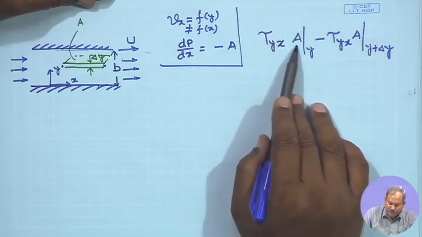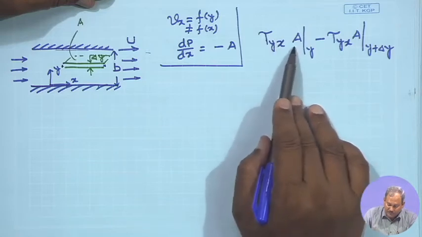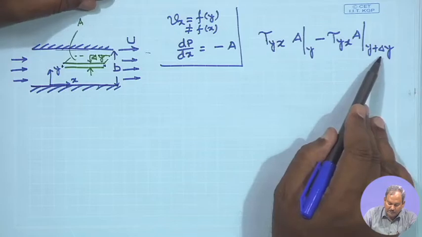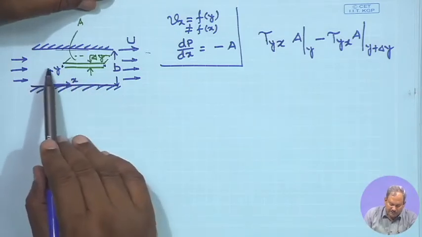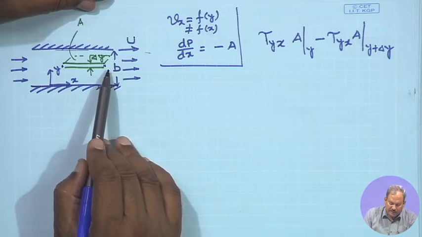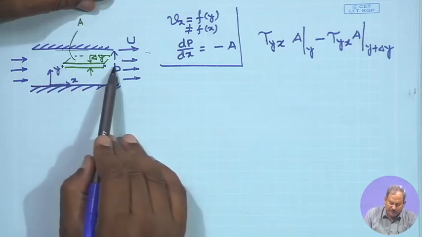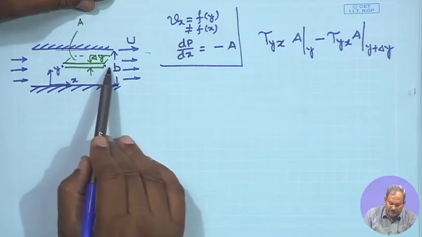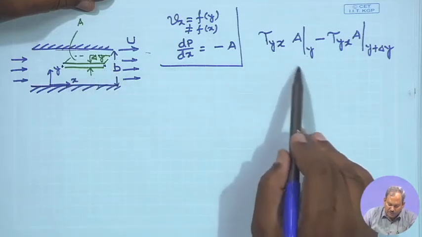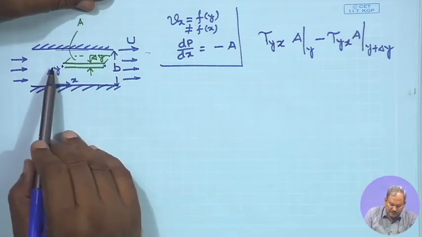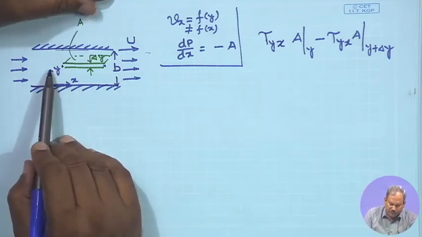So, this is the molecular transport of momentum, viscous transport of momentum, which I have written, one at y and the other at y plus delta y. Again, since the system is horizontal, there is no question of having any component of gravity in the direction of flow, and gravity is acting in a direction perpendicular to that of the flow. So, there would not be any gravity force acting over here. On the other hand, the pressure is going to play a role over here.